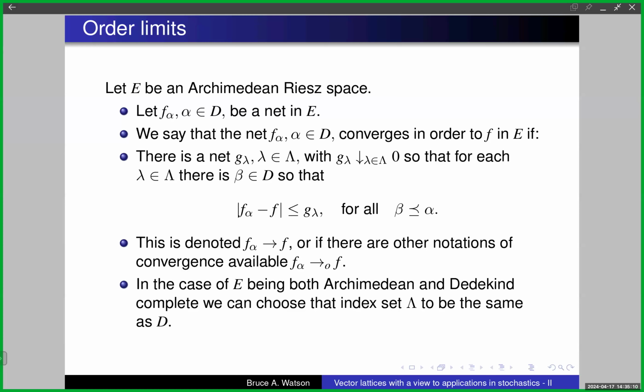We sometimes write a little O below the arrow to designate that it's order convergence. In the special case of our respace E being both Archimedean and Dedekind complete, we can choose the index set for lambda to be the same as the set D that was used to index the original net. But if we don't have those properties, one can't do that.